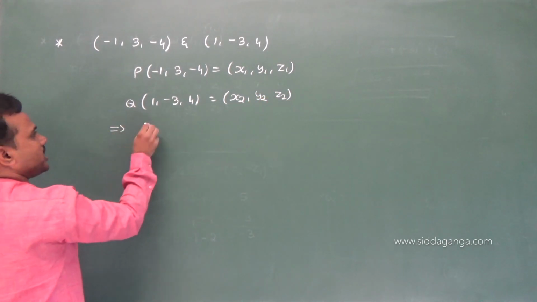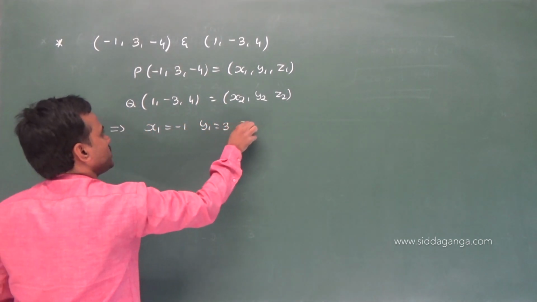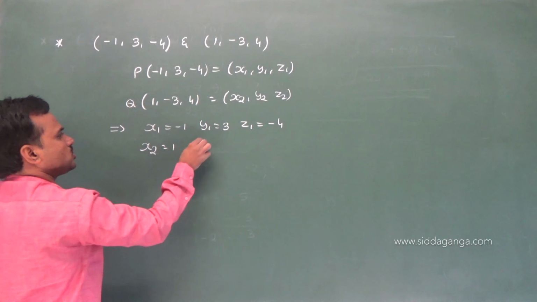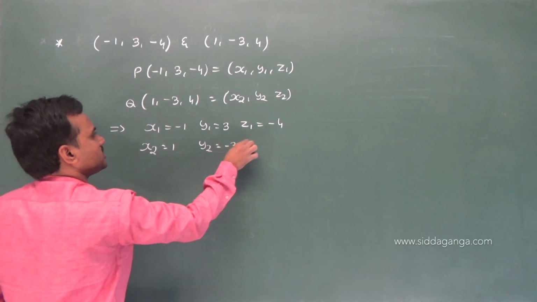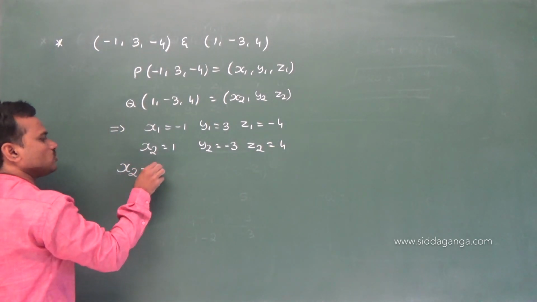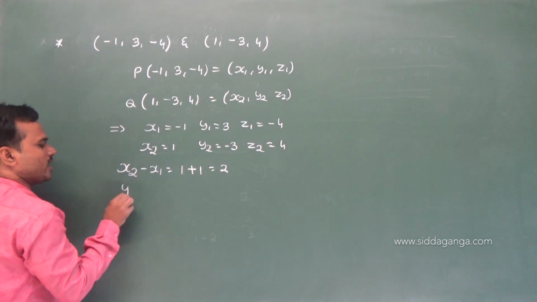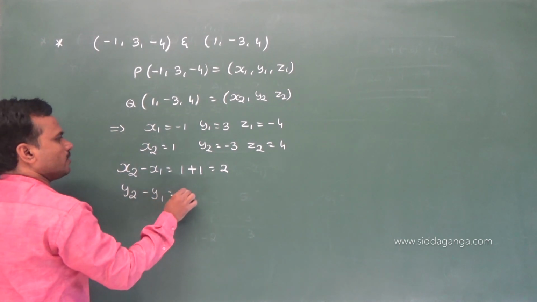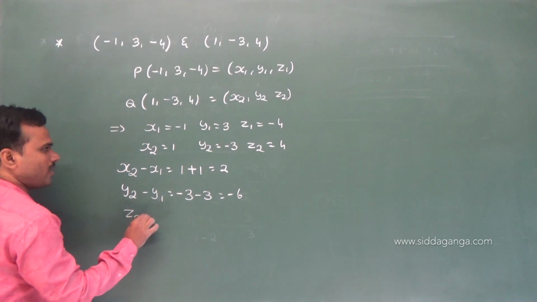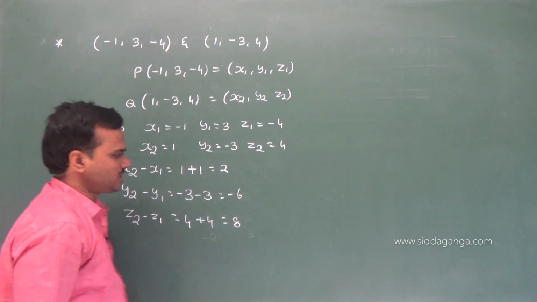So x1 is minus 1, y1 is 3, z1 is minus 4, and x2 is 1, y2 is minus 3, z2 is 4. x2 minus x1, 1 minus of minus 1 is plus, it is 2. y2 minus y1, minus 3 minus 3 is minus 6. z2 minus z1, 4 minus of minus 4 is 8. Correct?